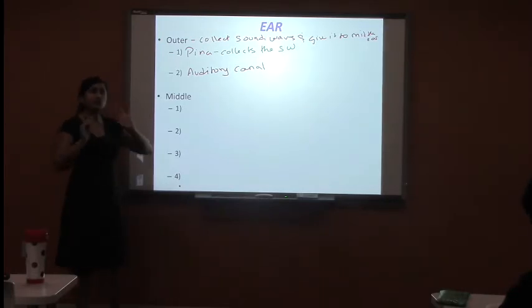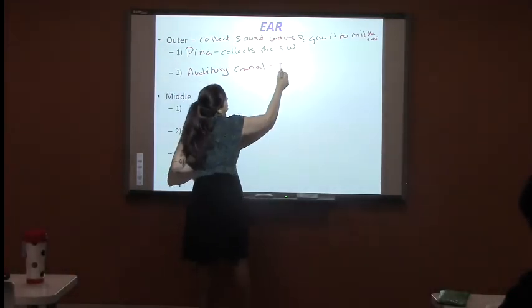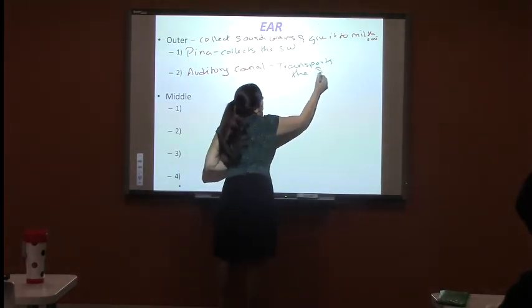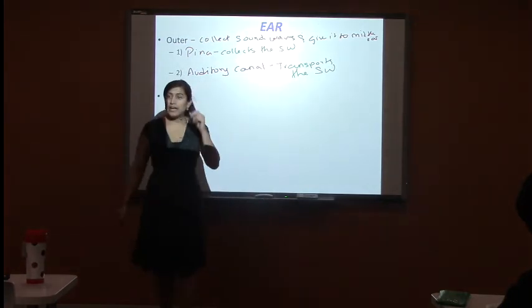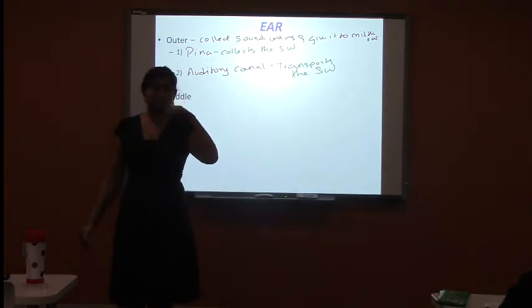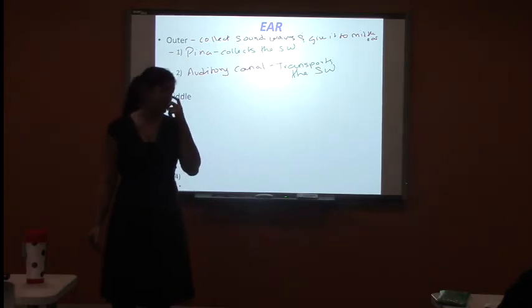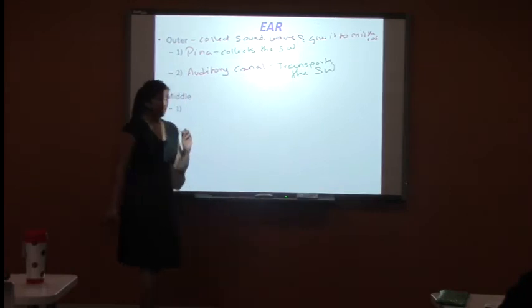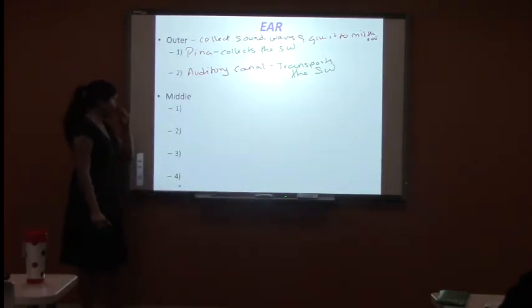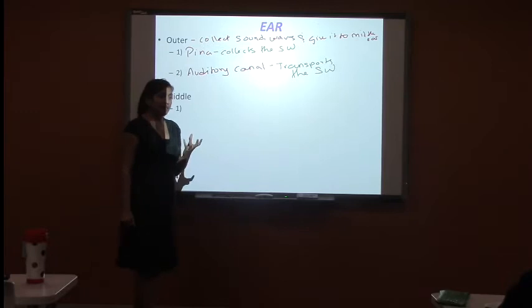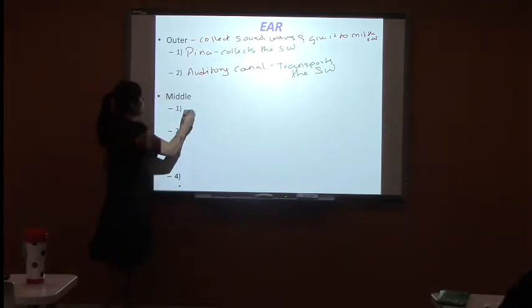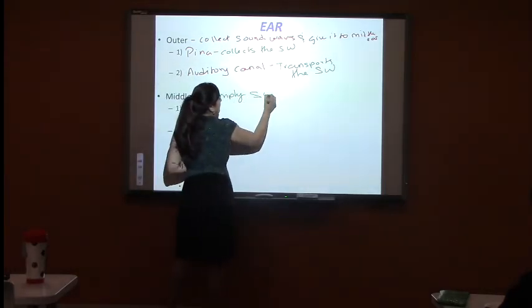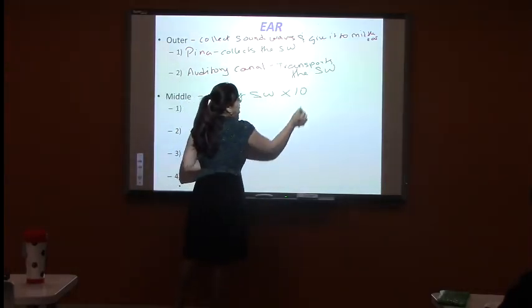Auditory canal, it transports the sound waves. The area that you're able to actually insert the Q-tip and then you're cleaning out, that's your auditory canal. Okay? And I'm going fast. It's already 12:50. Okay? And I need to finish the ear with you guys. Now, the middle ear function is to amplify sound waves about 10-fold.